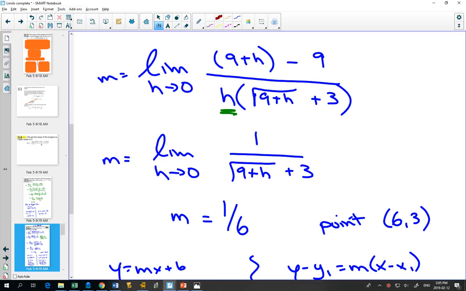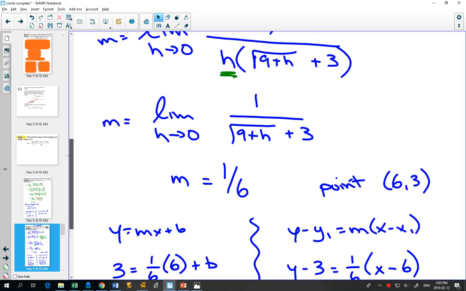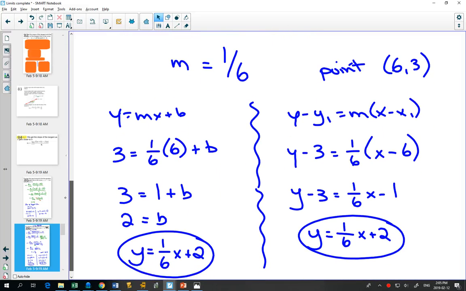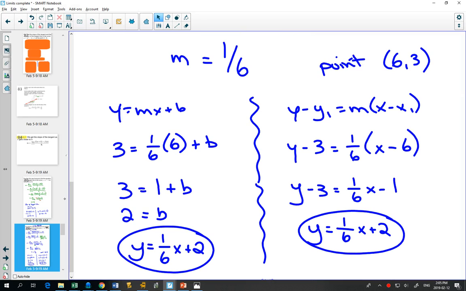It will cancel out with the h on the bottom, leaving me with only a 1 in my numerator. And then my slope is 1/6. And then depending on which method you used, you will get your equation to be 1/6 x plus 2.